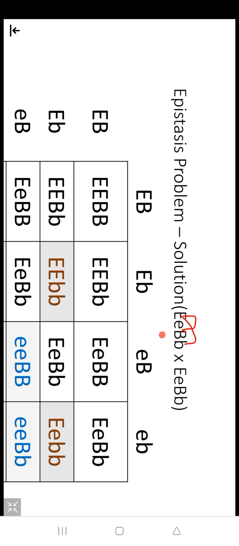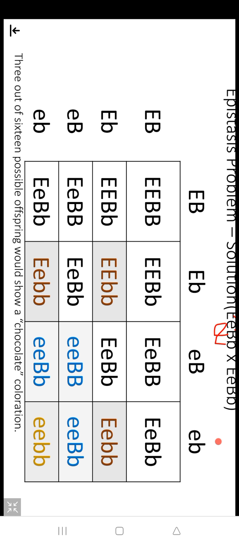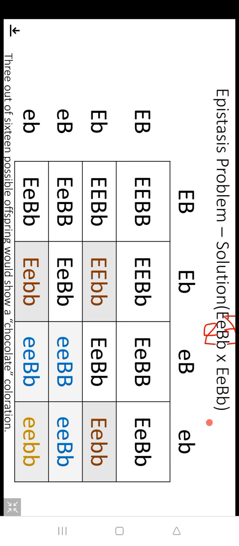Then the third one will be eB. That's how they combine, the law of independent assortment. Then the last one will be eb. Because the two parents are the same, the female parent will also produce the same kind of gametes. So you place one parent here, the other parent there, then you just push them.